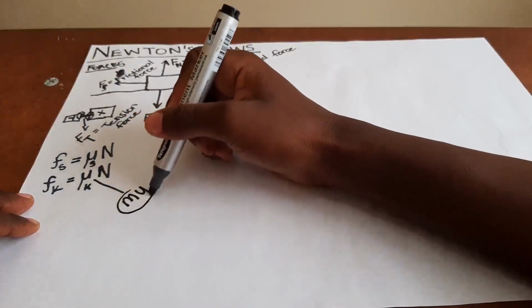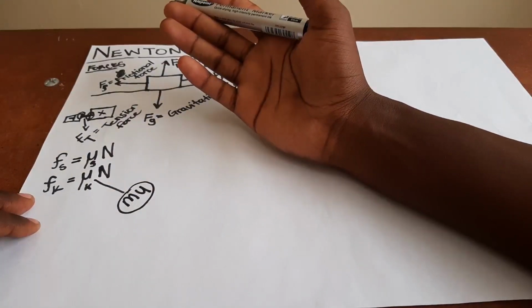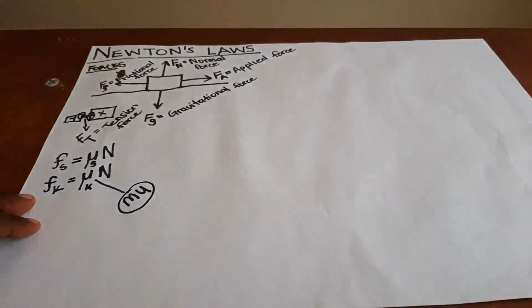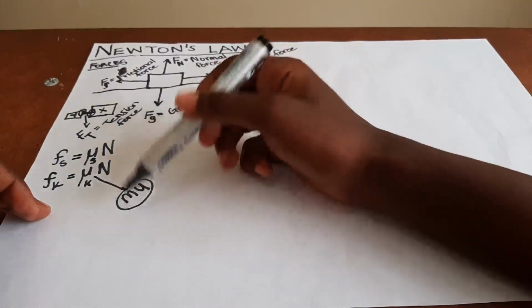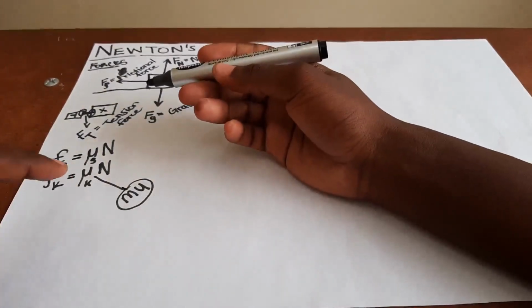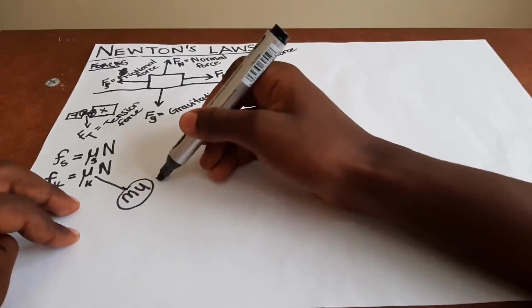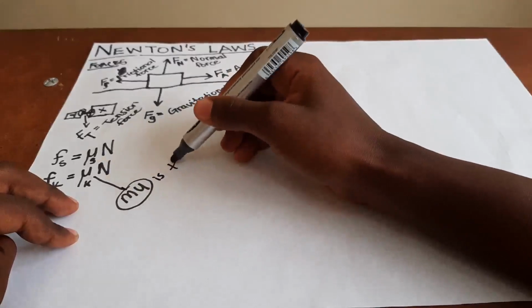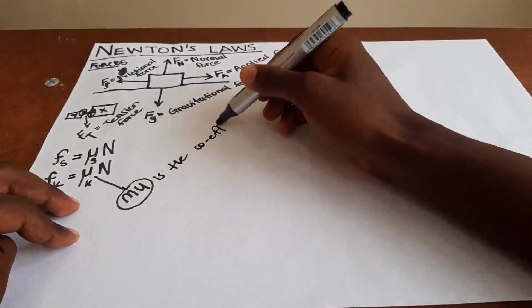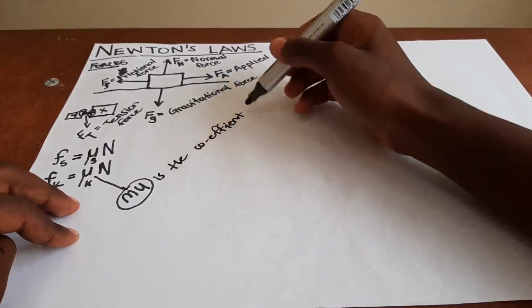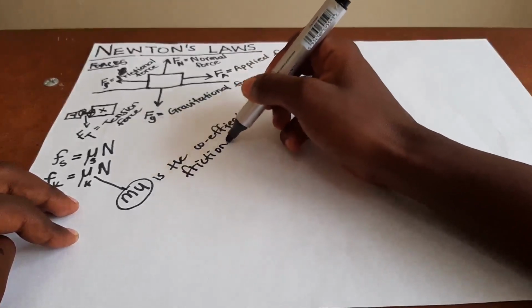And this is a Greek word, by the way. So mu is the coefficient of frictional force.